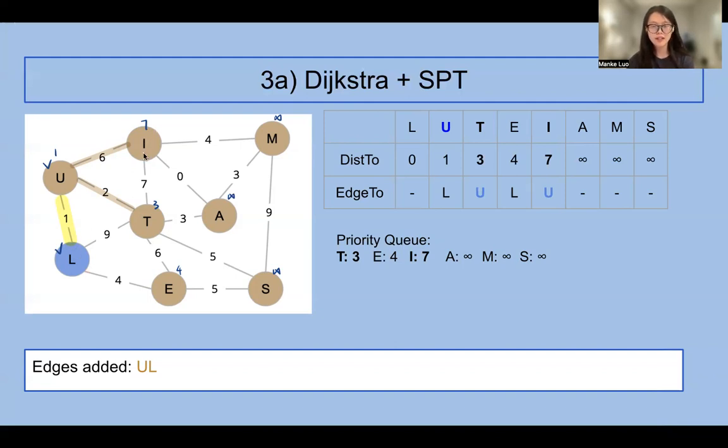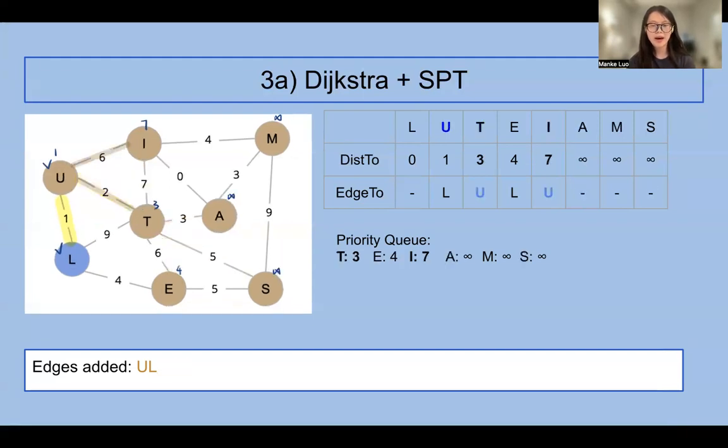And 7 is better than infinity. And so I'm going to update that. And similarly for T, I arrived at T from L to U to T. And this path has a total distance of 3. And 3 is also better than infinity. So I also updated that. And because I updated them in the dis2 and the edge2 and also the priority, I bolded all of them. And notice that the priority queue is also resorted by itself. So this is the next step that we have.